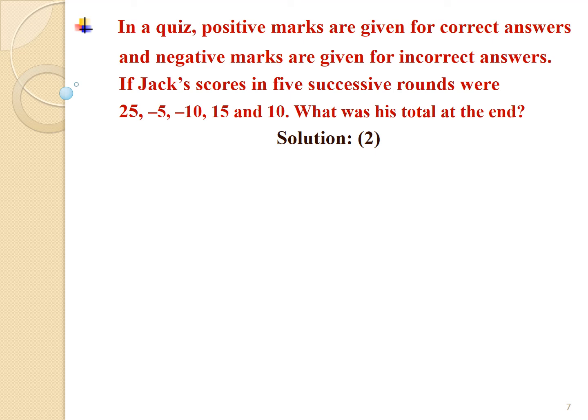So, let us solve question number 2 and find out the marks given for correct answer, for incorrect answer and marks given at the end of 5 successive rounds, that is final or total score of Jack.